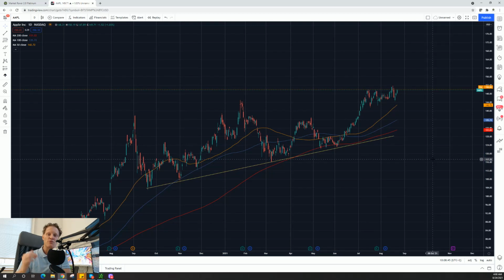They are just reference points where I'm starting to do further analysis. And so for reference points, I like to use the 50-day moving average, that's the yellow line in this case. I like to use the 100-day, which is the blue line. And we talked about it before, the 200-day, which is the red line. So three reference points.